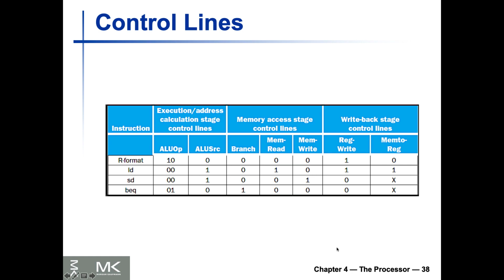So this table will have the same value just like before and after pipelining. Okay, I believe it was in section 4.4 when we described this. The only difference here is now you understand when we group them in stages, so the execution, memory, or write back, what are those that were asserted, okay?